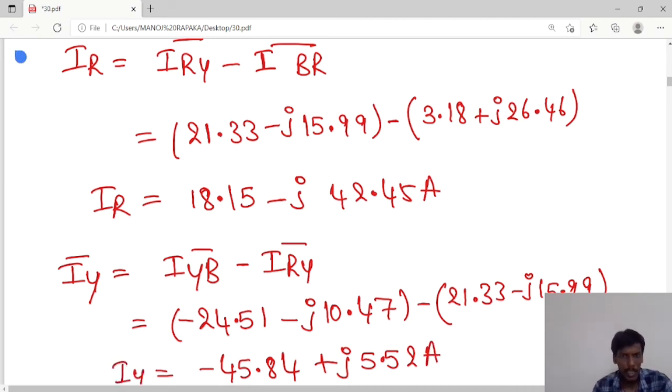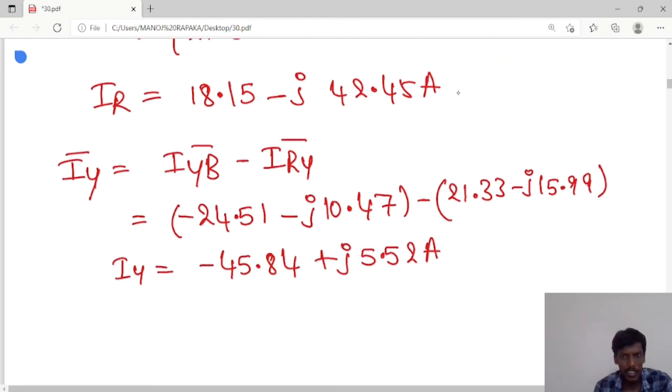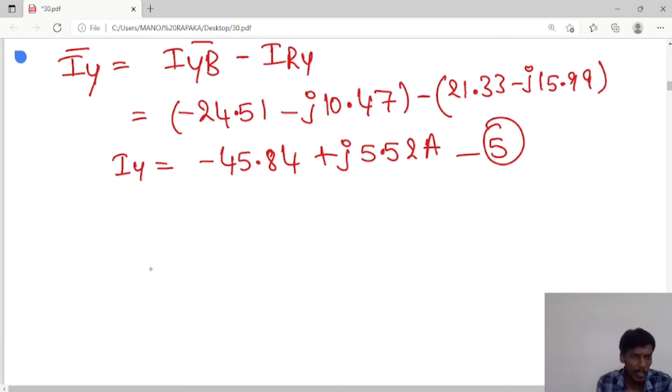I am naming these the fourth and fifth equations, and the last equation is IB, the last line current. IB equals IBR minus IYB.